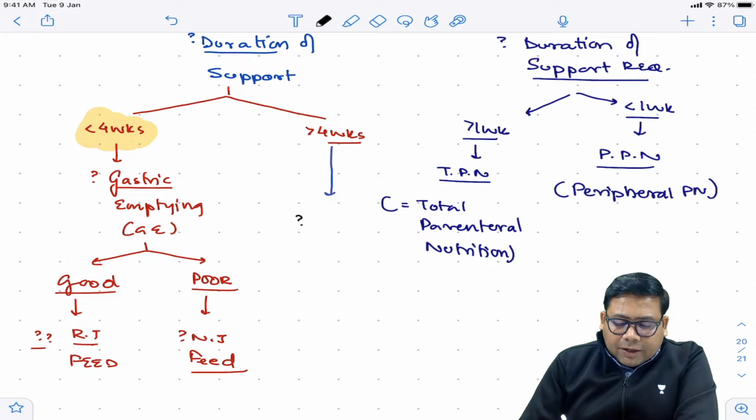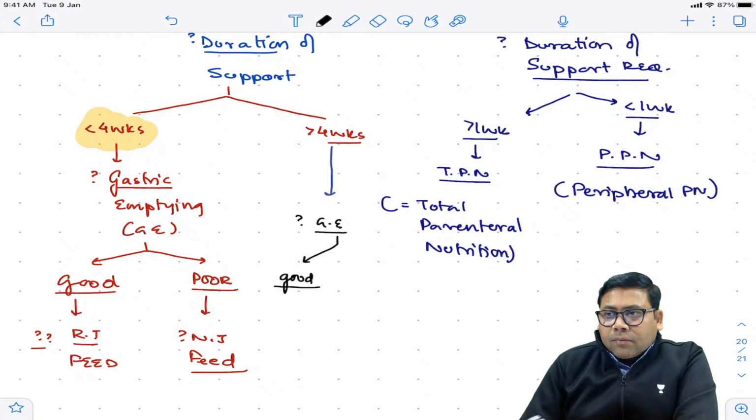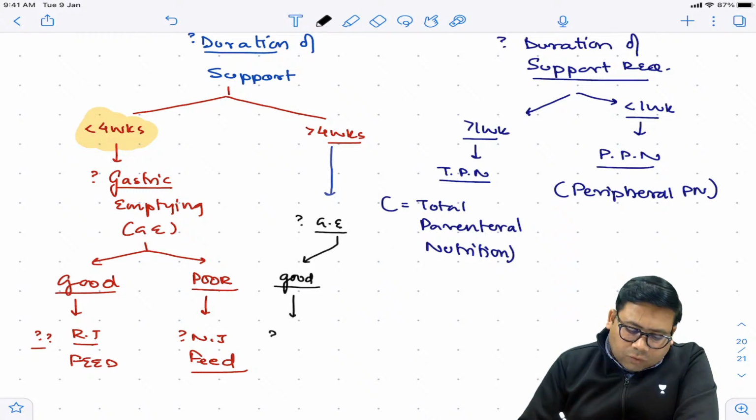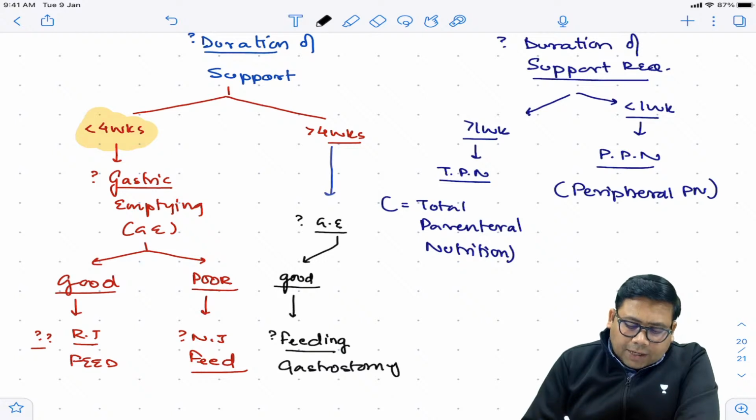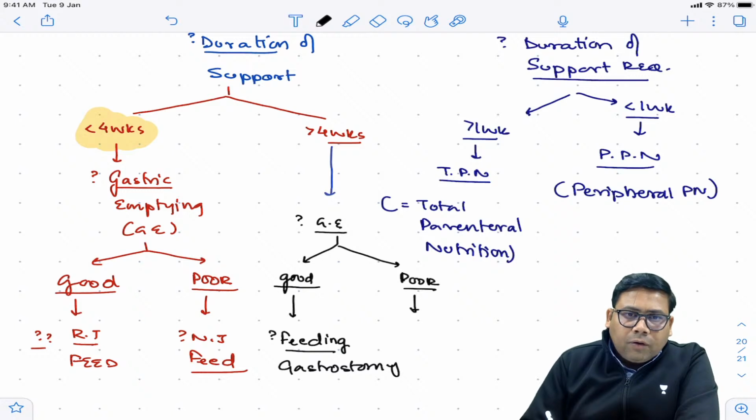So in that case, again, you will ask about gastric emptying. If the gastric emptying is good, then what to go for? We can go for feeding gastrostomy. If the gastric emptying is poor, then we can go for feeding jejunostomy.